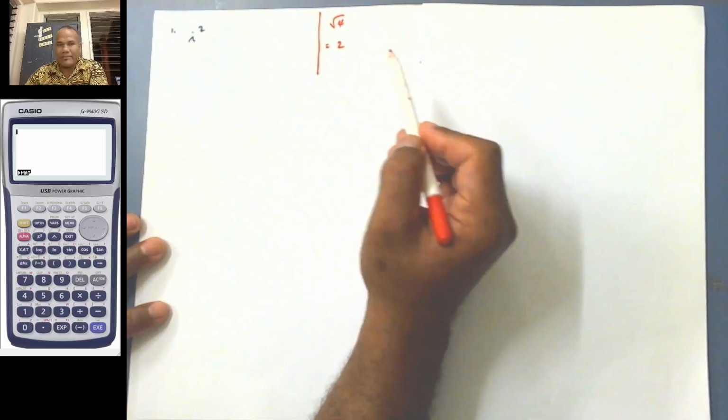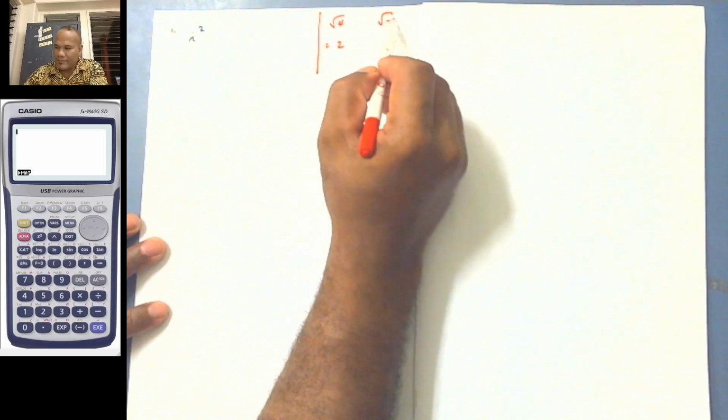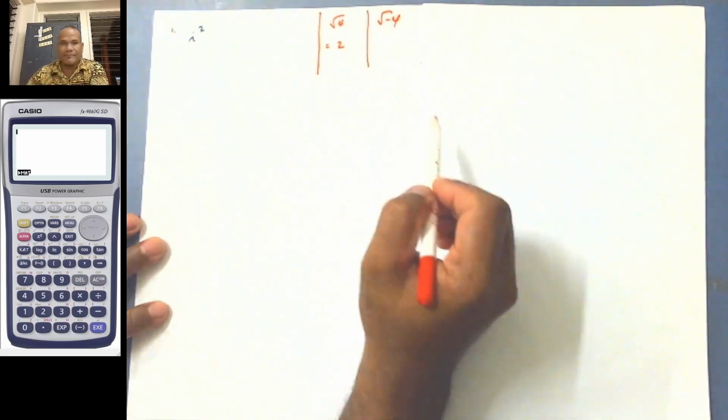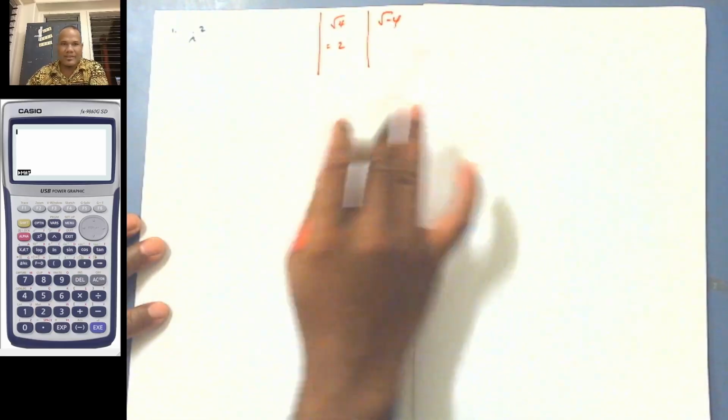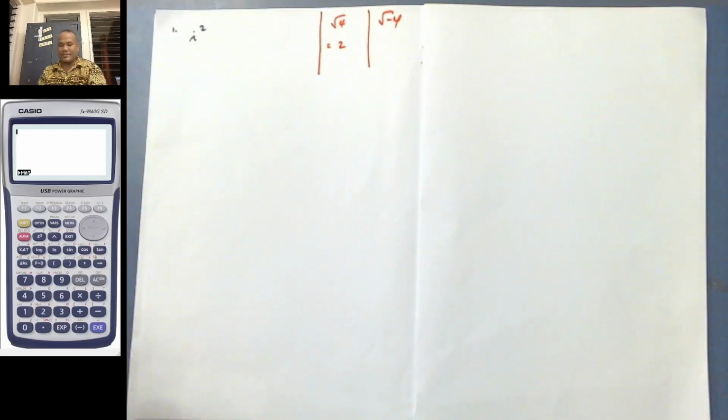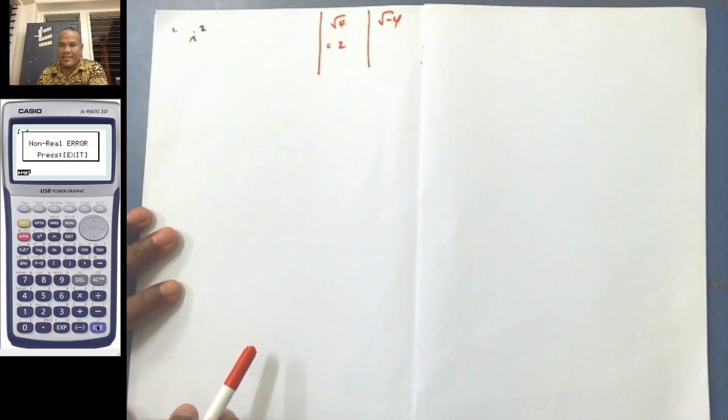But when we come across the square root of -4, we press that in the calculator. Let's press this in the calculator and just see what is the square root of -4. If we press that in the calculator, it gives us a 0 or an undefined answer.